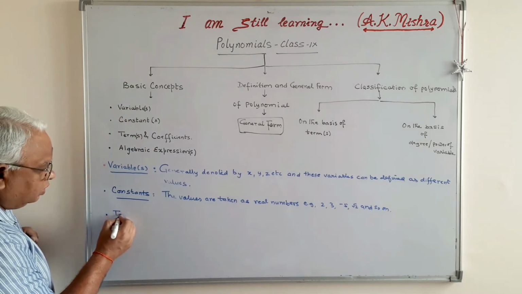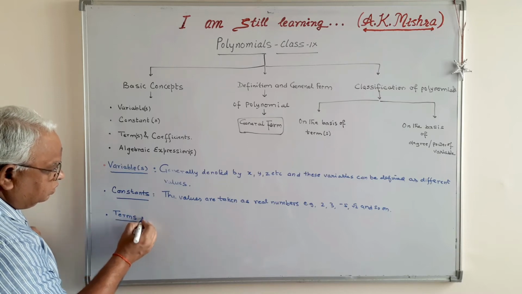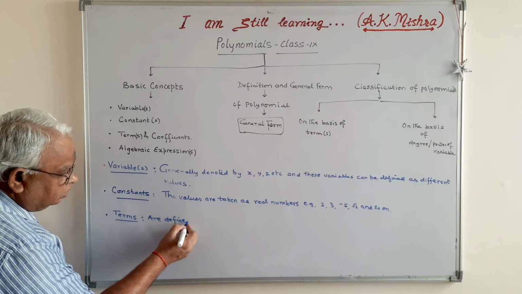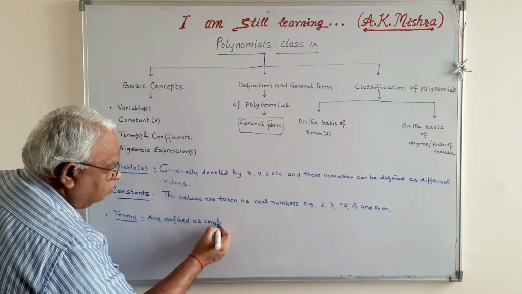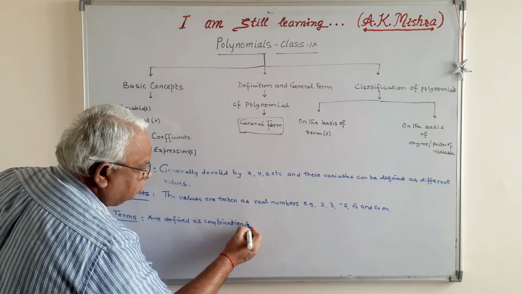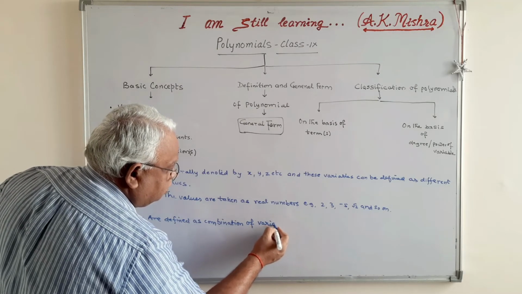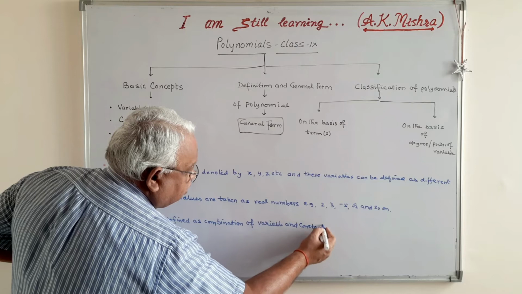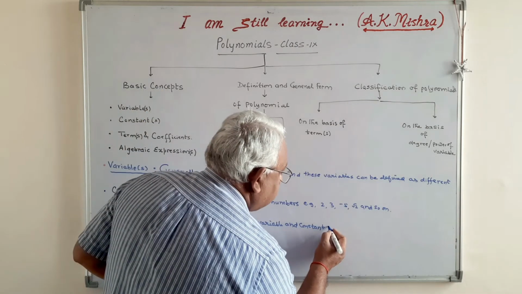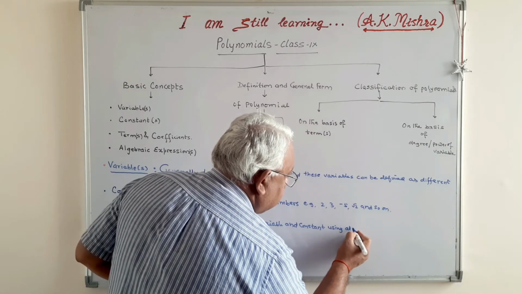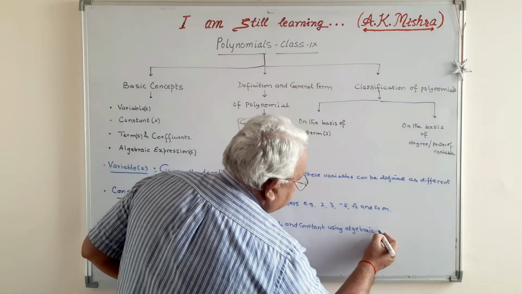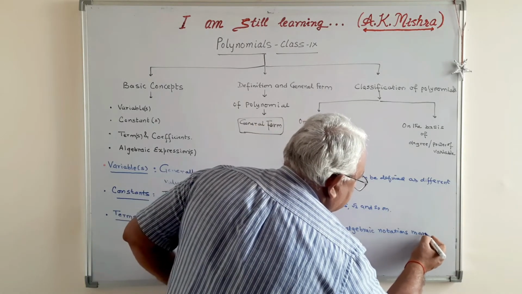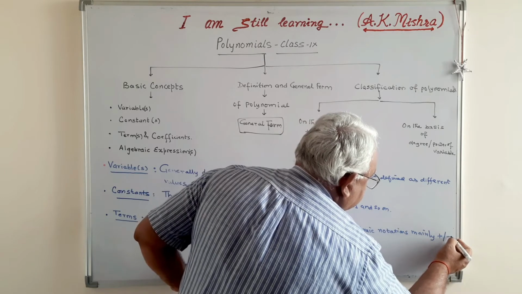Then term or terms. Terms are defined as combination of variable and constant using algebraic notations, mainly plus or minus.